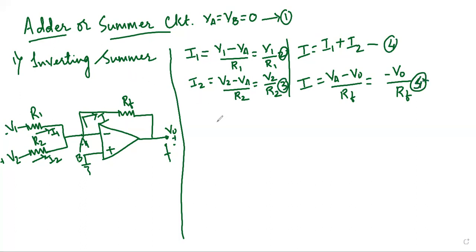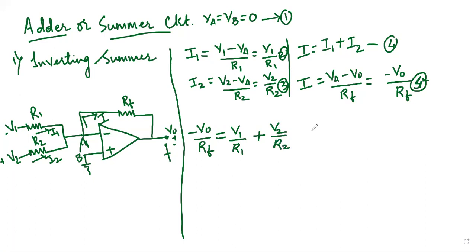Now, if I substitute equations 1, 2, and 5 into equation 4: I equals minus V0 by RF, from equation 5, which I'm substituting in equation 4. So I1 from equation 2, which is V1 by R1, plus I2 from equation 3, V2 by R2.